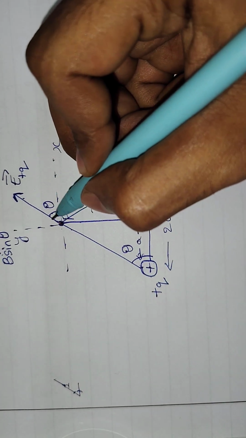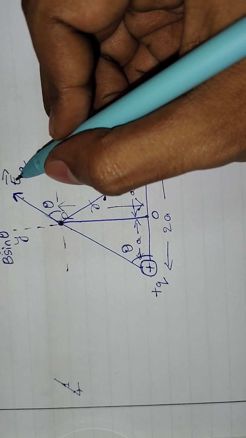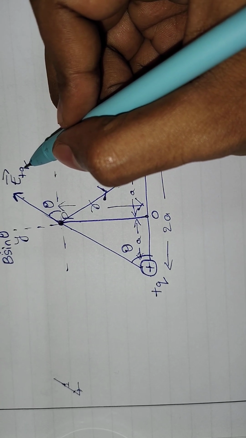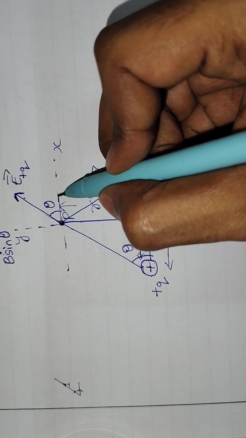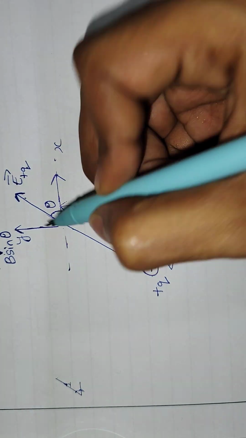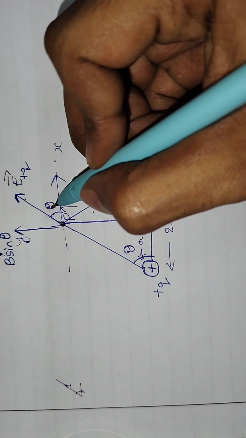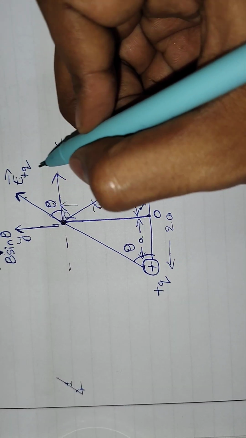Now, can you resolve this vector into two components? You have the electric field due to plus q, that is the vector in place of a. Which component will lie along this line? Since this side is adjacent to this theta, write down the magnitude of this vector.